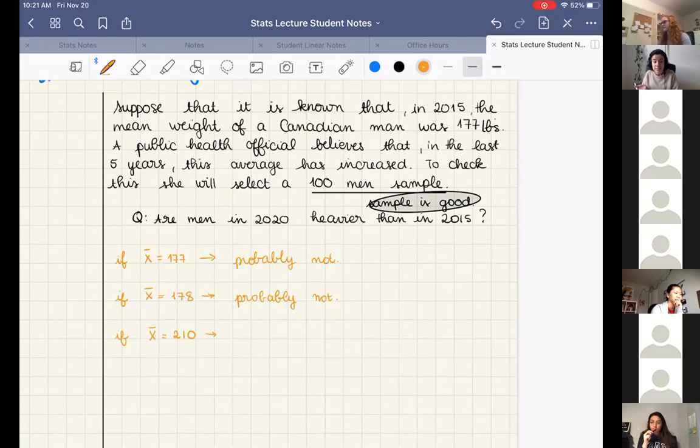Because for a sample average of 210, it's pretty evident that there is a difference. It's pretty obvious that this is too extreme a result. So if x is equal to 210, then probably I can conclude that men in 2020 are heavier than in 2015.